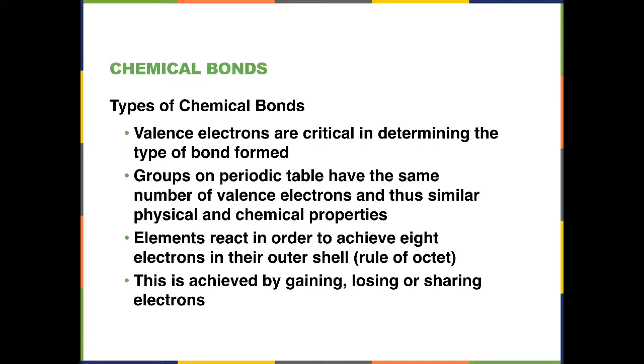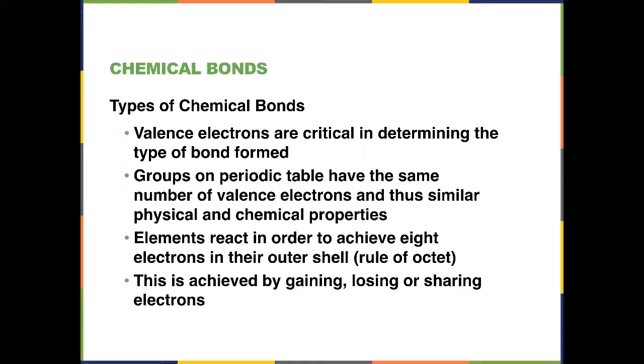Elements react in order to achieve 8 electrons in their outer shell. Now, there are rare exceptions to this, but we will probably not encounter any of these in this class. We may encounter them if you take the subsequent chemistry class, but usually I do not use the exceptions as part of this class.